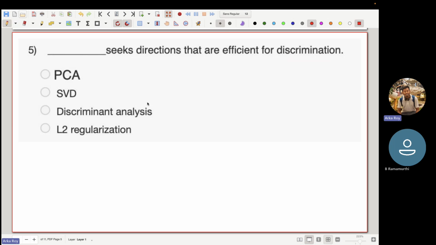The next question states that dash seeks directions that are efficient for discrimination.